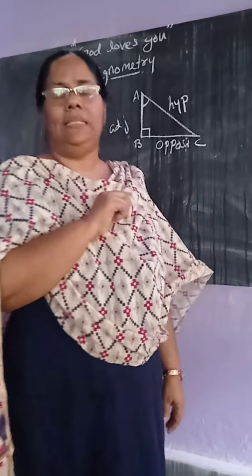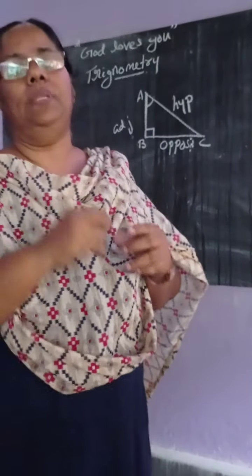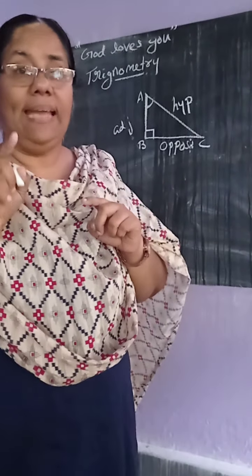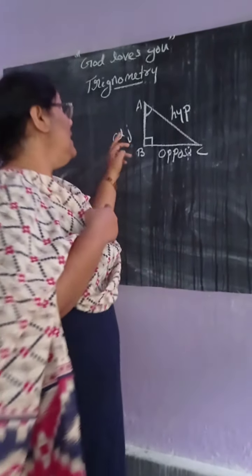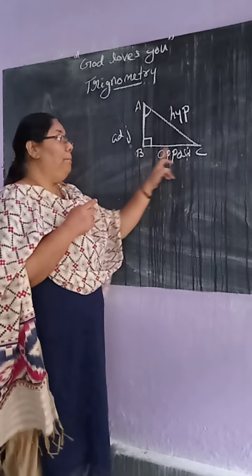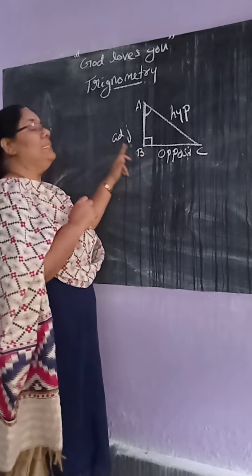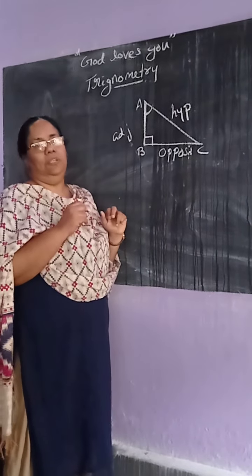Total three sides. If you select angle A, then BC is the opposite side and AB is the adjacent side.